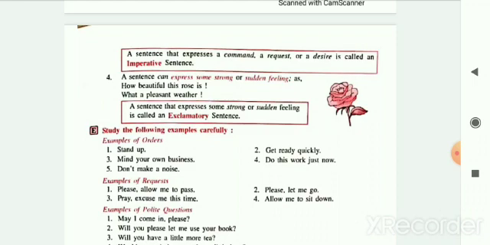Please get me a glass of water. Here I am requesting someone to get me a glass of water. So it's a request. This is also an imperative sentence. A desire, we don't usually use this, but say, you must exercise every day.